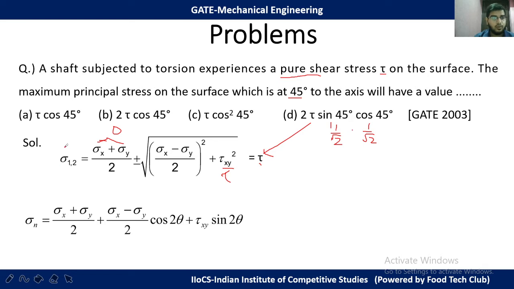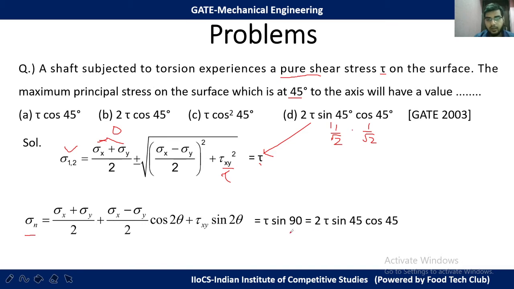This is only for principal stress, but this is the general formula where for any given theta we can find out what will be the normal stress for that plane. Here also, if you put all the values, we will get tau sine 90 degree, because 2 theta will be 90.